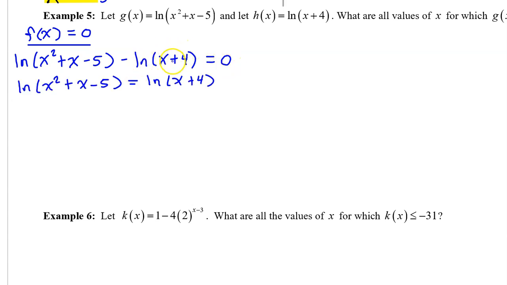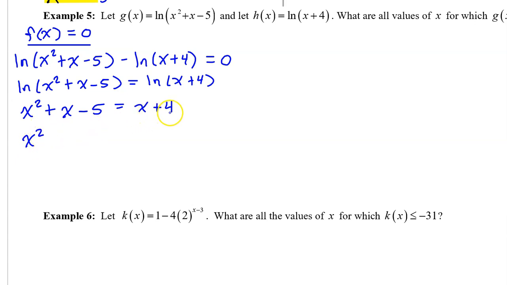Adding the natural log of x plus 4 to both sides of the equation gives us this equation. If the natural log is equal to the natural log, then the argument on the inside must equal the argument on the inside. Subtracting x from both sides, these x's will cancel each other out. So we will have x squared.